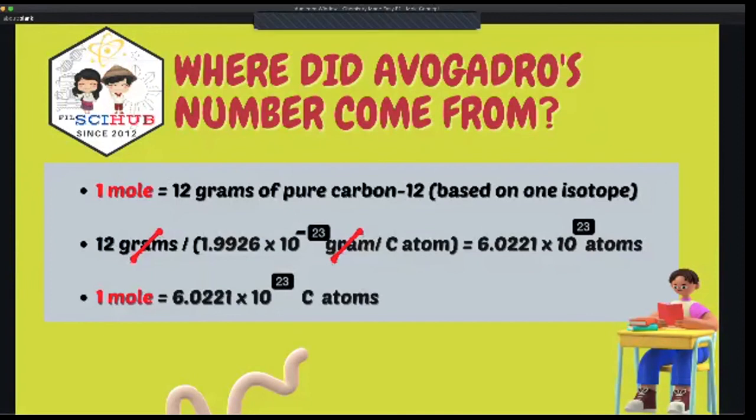So kapag nag-i-improve yung sensitivity ng ating mass spectrometers, minsan na-update yung Avogadro's number. So you can actually Google it up. Nagbabago yung value niyan, so you have to keep checking. But for educational purposes, it's okay if you use yung rounded up na number. Wala naman pong problema yan.